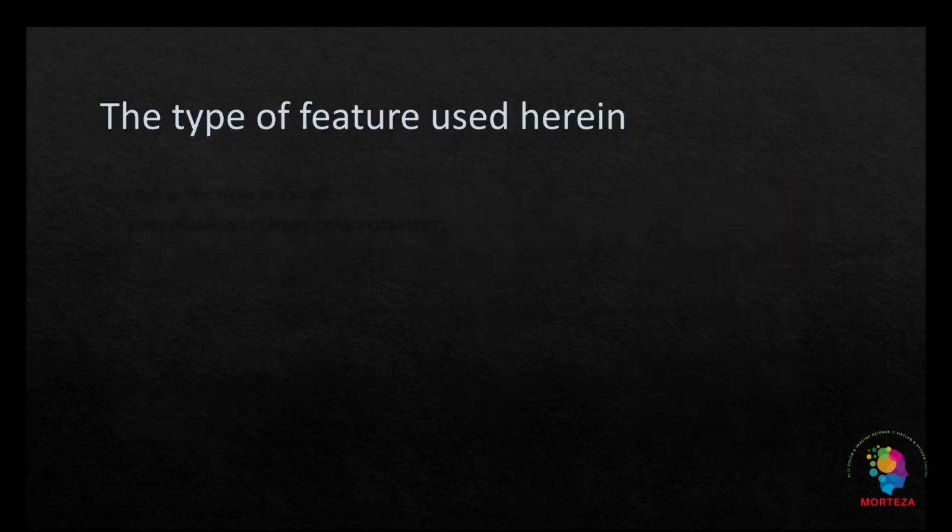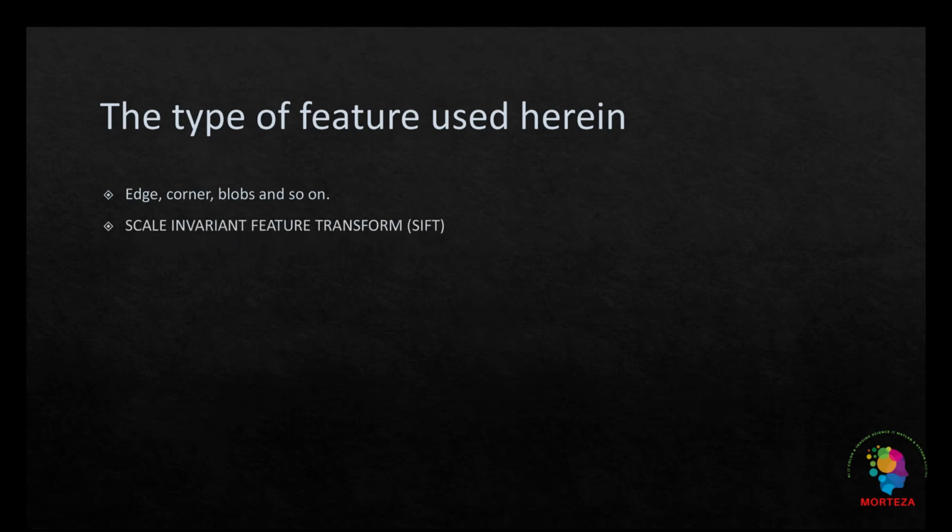So diverse types of features have been utilized for the purpose of image registration, such as edges, corners, blobs, and so on. Here we're going to use SIFT features, which stands for Scale Invariant Feature Transform.